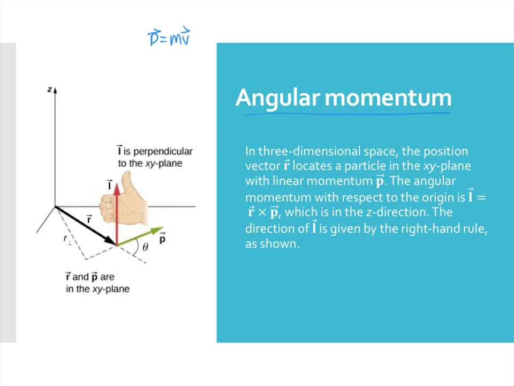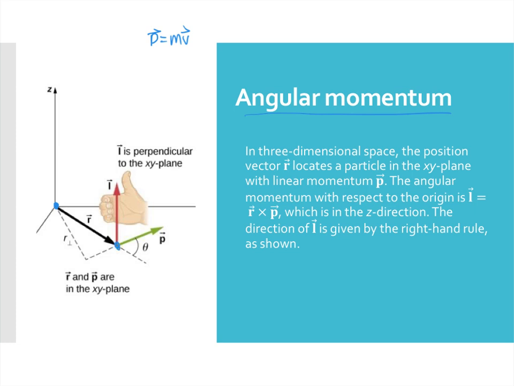Now, the difference is that angular momentum still really deals with the motion of an object, but because it allows for rotation, we are measuring it relative to a point, and there is a radius vector from that point to where our mass is.